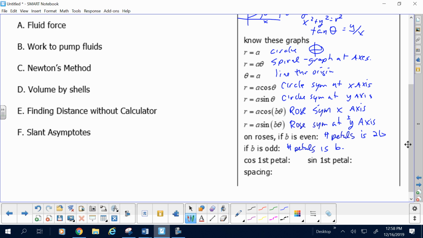The tip of a petal happens when R is at its greatest. You're going out as far as you can. When is cosine at its greatest? 0. Sine's first petal is when sine is at its greatest, so that means when B theta, or the argument, equals 90 degrees or pi over 2. Okay? So for example, sine of 5 theta, where would the first petal be in degrees?